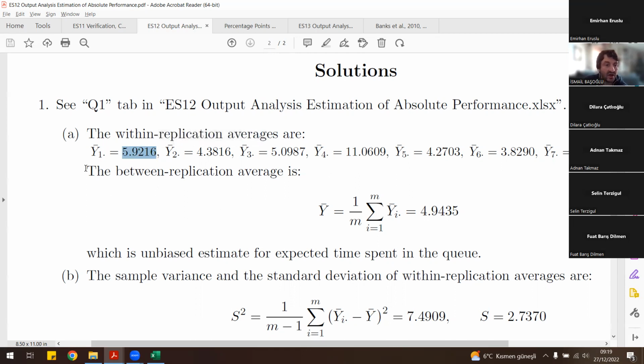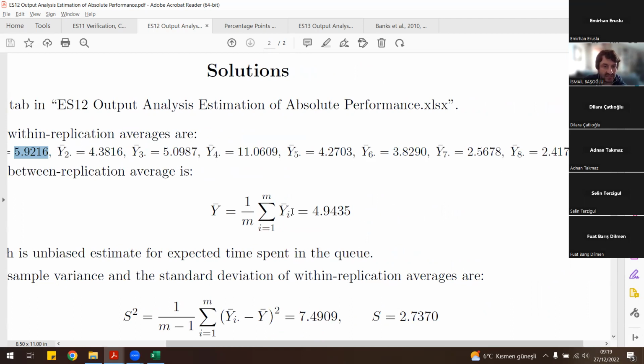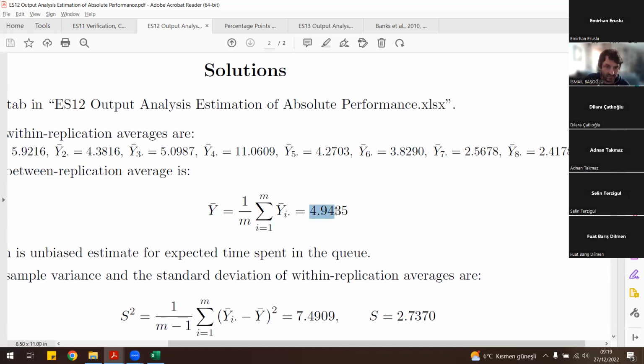Now, I am also calculating the between-replication or across-replication average. For these 8 within-replication averages, their average is approximately 4.94. Simply, this is the average of averages. The inner average is the replication average, the outer average is the across-replication average. And this is my performance metric that I obtain after 8 replications.